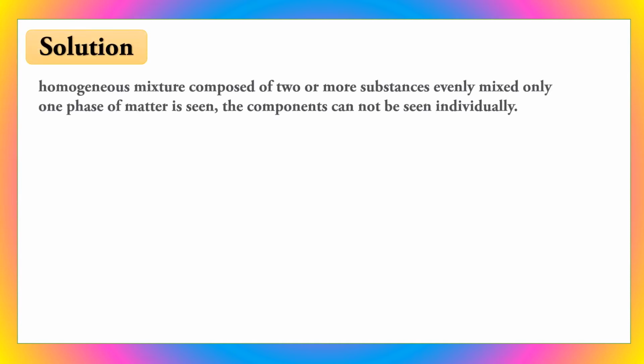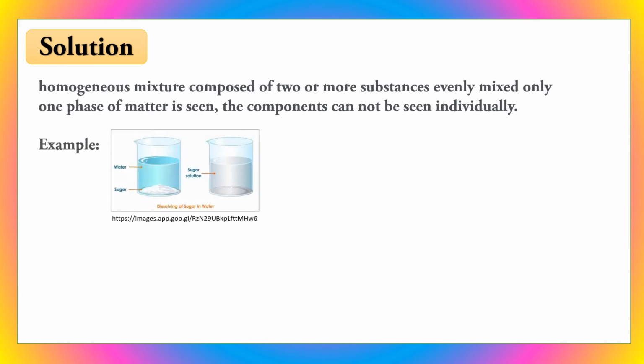Solution. What is a solution? A solution is a homogeneous mixture composed of two or more substances. Evenly mixed, only one phase of matter is seen. The components cannot be seen individually. Take note, evenly mixed, only one phase of matter is seen, and the components cannot be seen individually. Example, we have sugar and water.